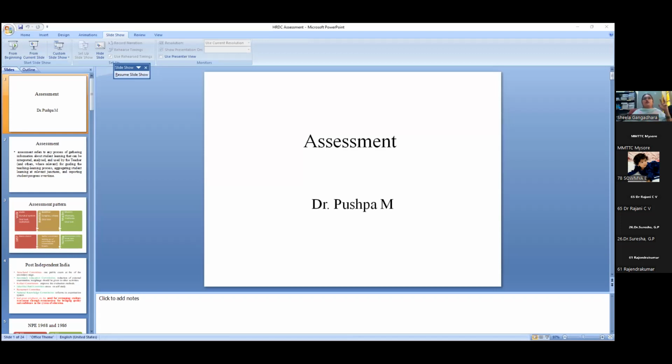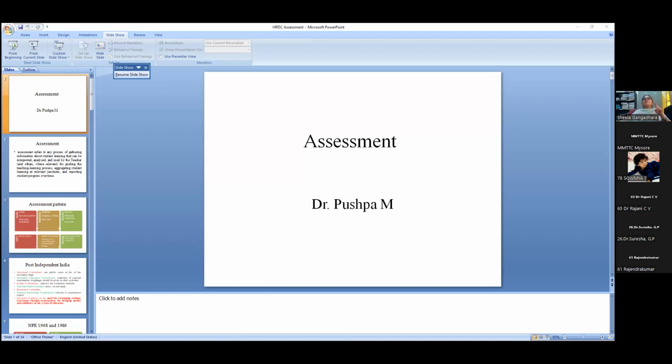According to NEP, the main aim of assessment should shift from summative and primarily testing rote memorization skills to something more regular and formative.